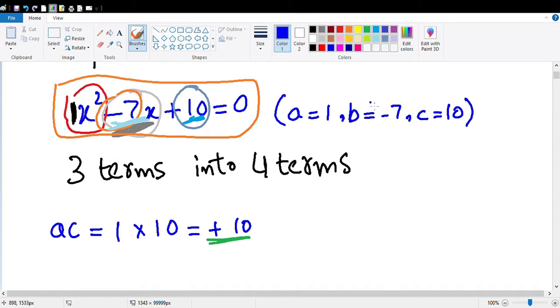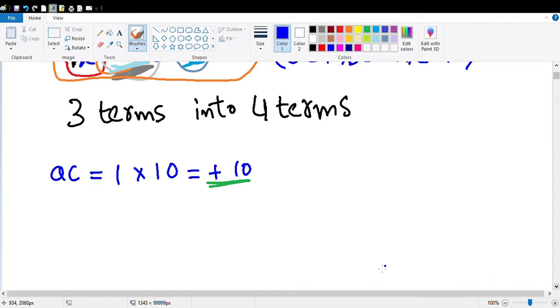So let me make the factors. The factors are fairly simple. 1 multiplied by 10 and 2 multiplied by 5. These are the only factors of 10, right? And this result has a positive sign, and this positive sign is just telling us that both the factors will have the same sign.